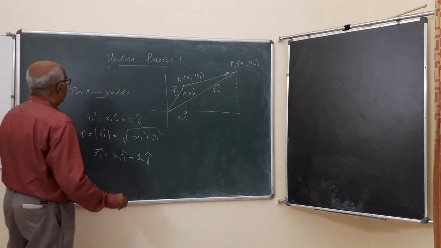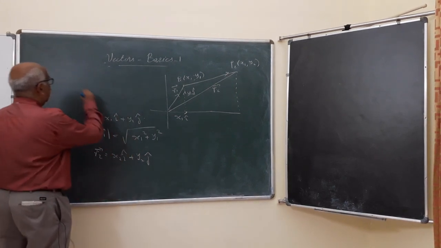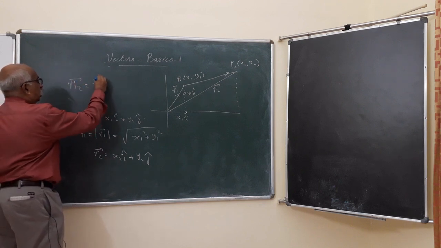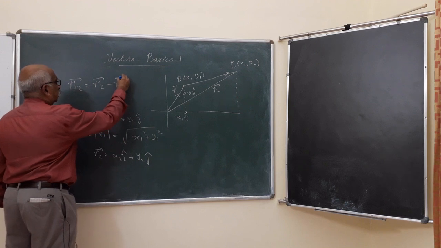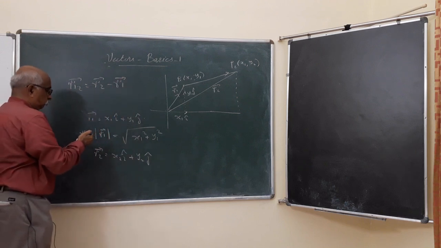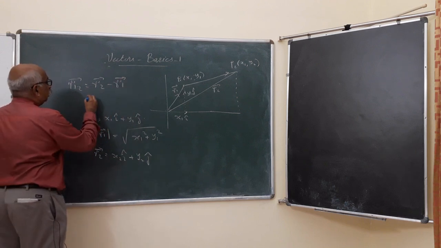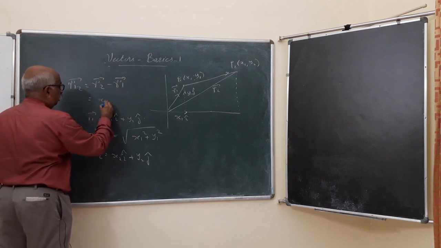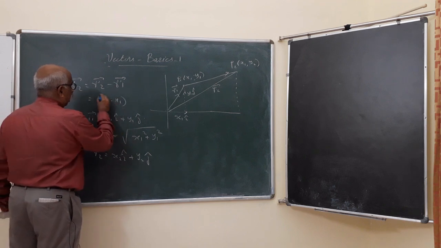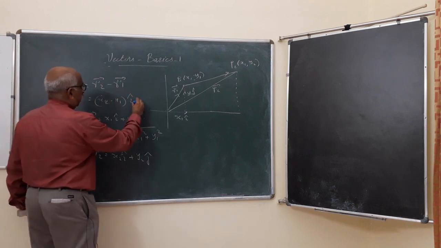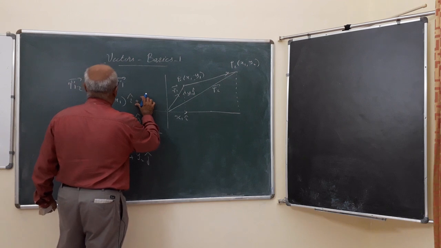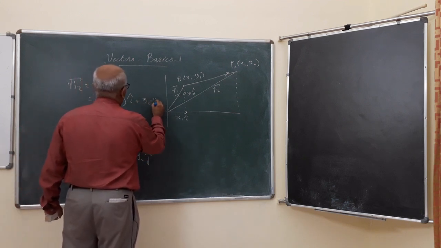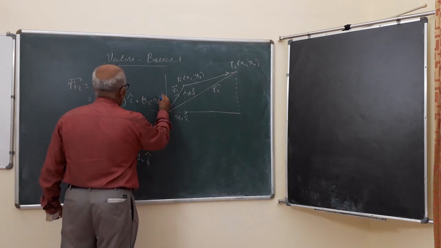Therefore, the displacement vector R12 is R2 minus R1, which is equal to x2 minus x1 i plus y2 minus y1 j.